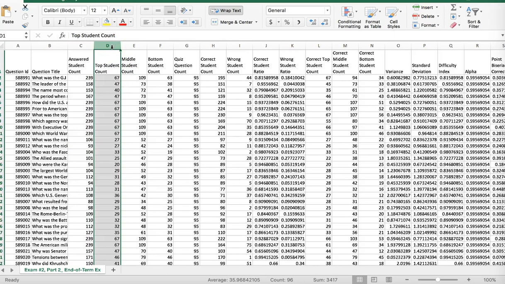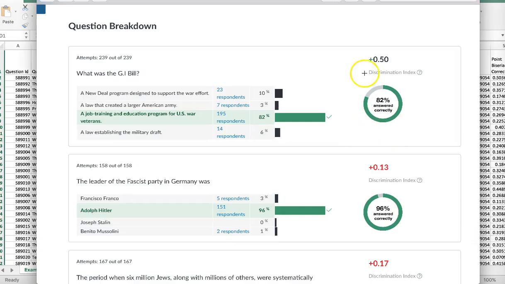That is something to consider when you have a randomized exam. Now, the main purpose of the discrimination index is that for a good quality question, you want the question to discriminate between top students and low students. Essentially, you want the question to be able to determine who understands the material and who does not.